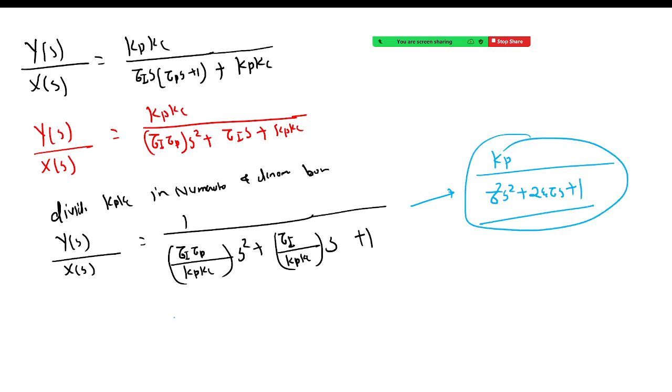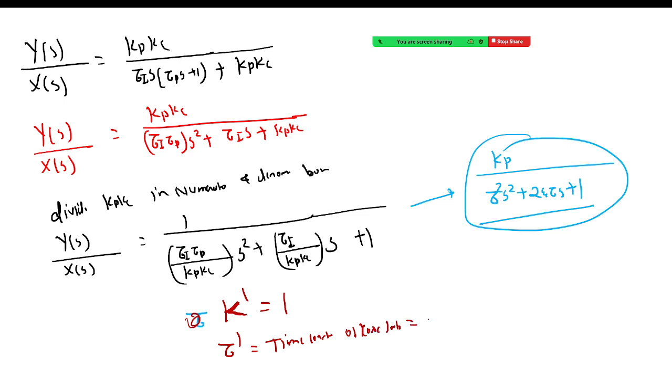Fine. So what will you see? For the closed loop response, the gain of closed loop, I am assuming K dash, is equal to 1, and tau dash, the time constant of closed loop, right?